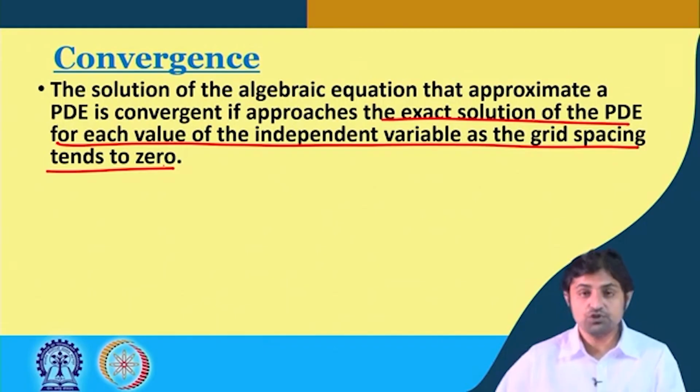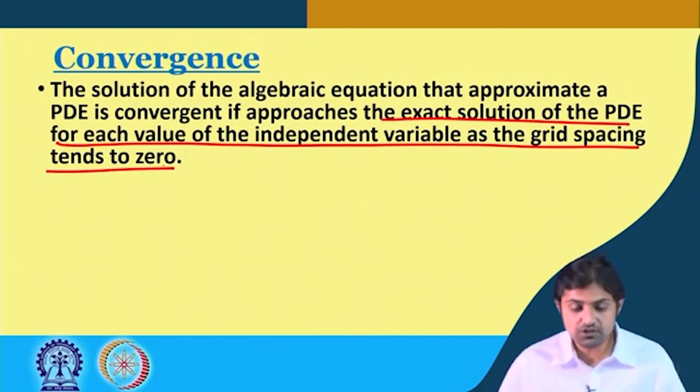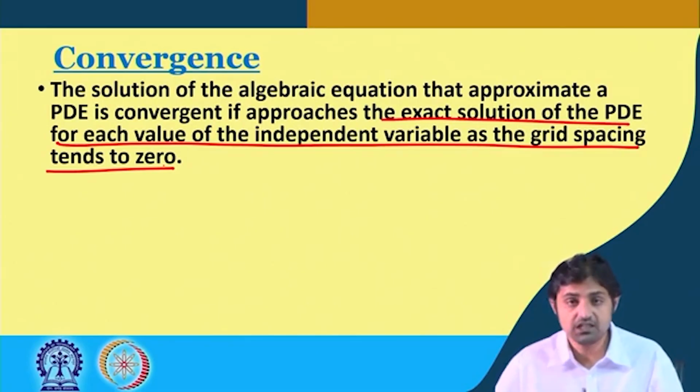Not the combination of different variables, but for each and individual variable. For example, x and y are the independent variables, and for each of these x and y this should converge to the real original solution of the PDE. Then that means the solution is convergent.